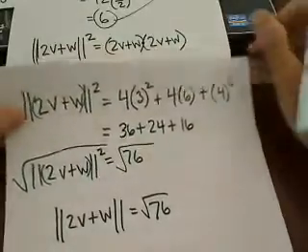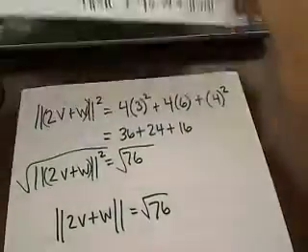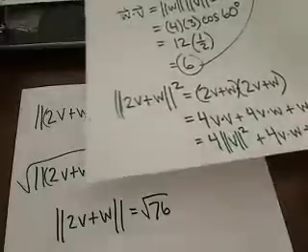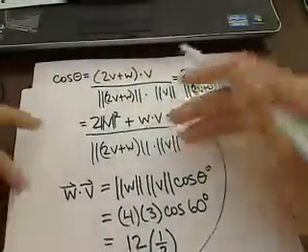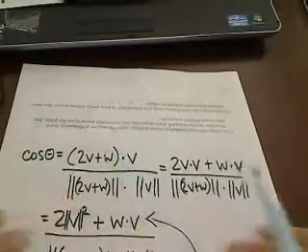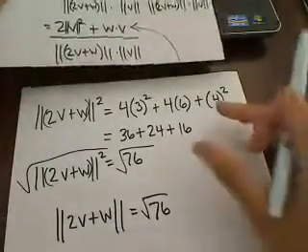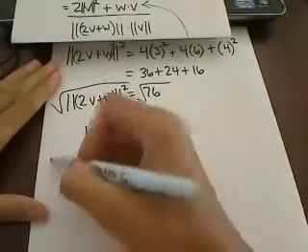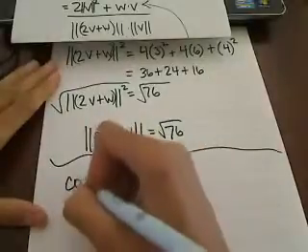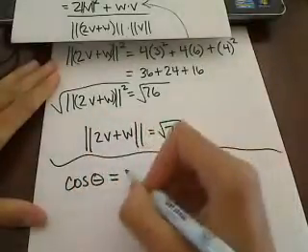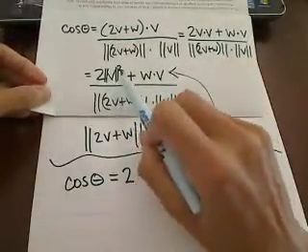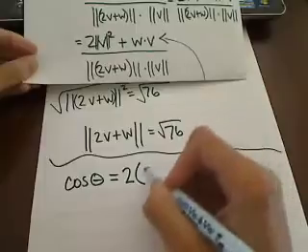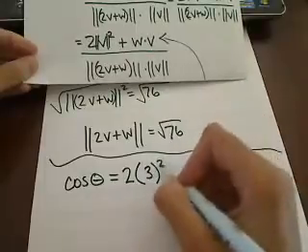All right, so now we actually have all of the pieces to go and assemble this right here. So let's go ahead and do that. I'm going to fold this back. All right, so now what we're saying is the cosine of theta is equal to 2. I'm going to plug in here, this is the magnitude of v squared, so our magnitude of v is 3, and then we're squaring.